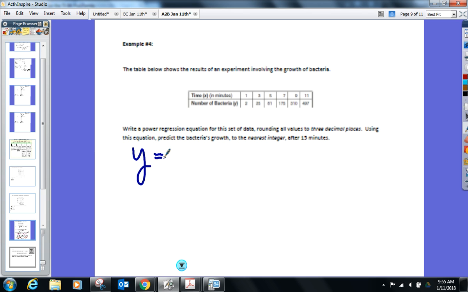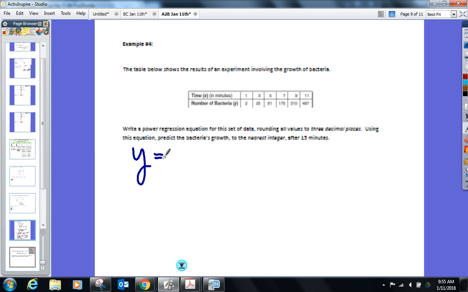All right, now use it. Using this equation, predict the bacteria's growth to the nearest integer after 15 minutes. Minutes, time, what variable am I going to plug 15 in for? And for x, let's roll. So y equals 2.001, plugging in the 15 for the time, raised to the 2.298, to the nearest integer.